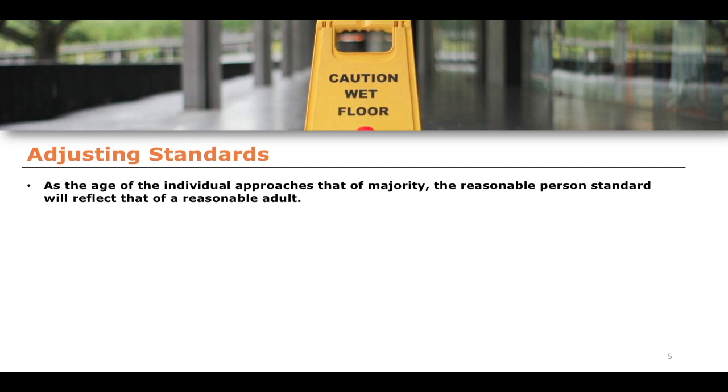And as I mentioned earlier on, the adjusting of the standard will be on the basis of the age of the child, but the closer we get to the age of majority, the more it will reflect that of just a reasonable adult. So somebody who is 17, for example, there's probably no difference in terms of the standard of care for a reasonable 17-year-old versus a reasonable adult, a reasonable 18 or 19-year-old.